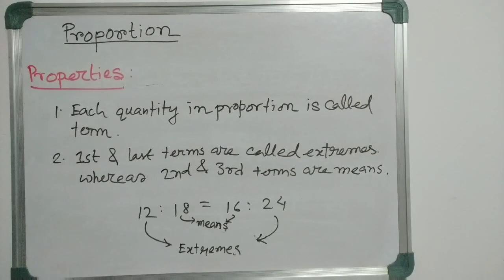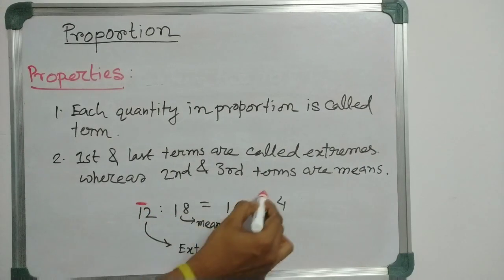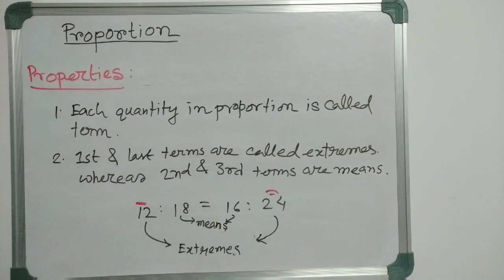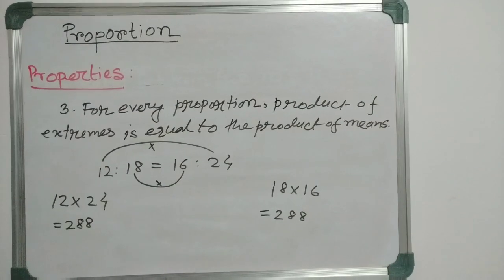Let us go for some properties. Number 1, each quantity in proportion is called a term. Here, the first term and the last term, that is 12 and 24, are called extremes, whereas the second term and the third term are called means. Property number 3. This is very important.